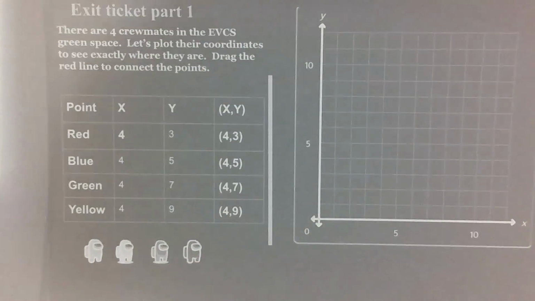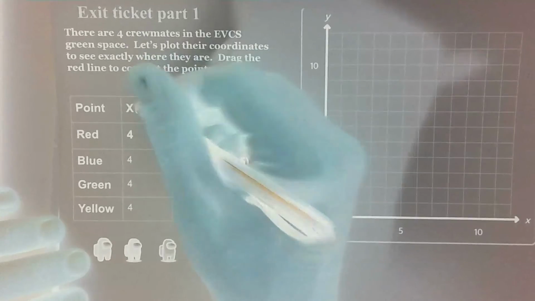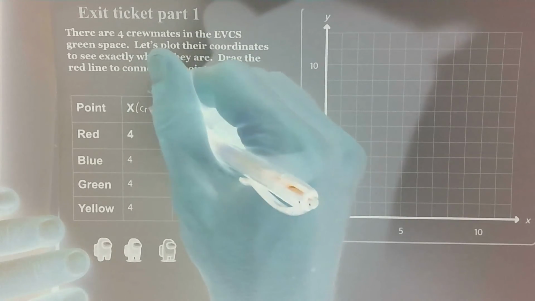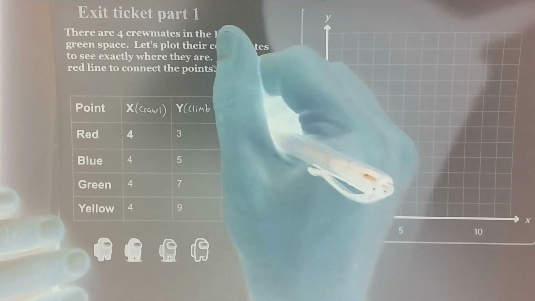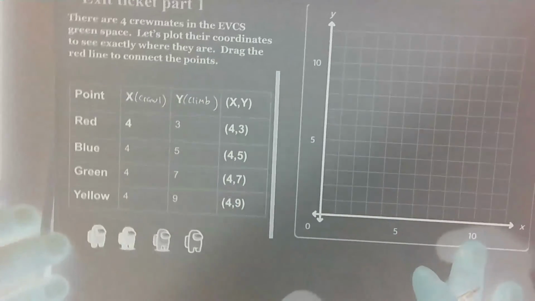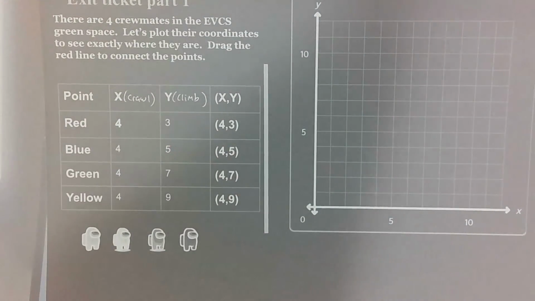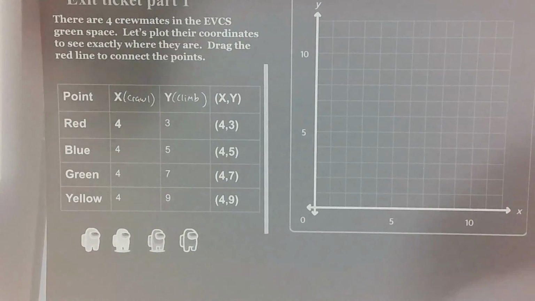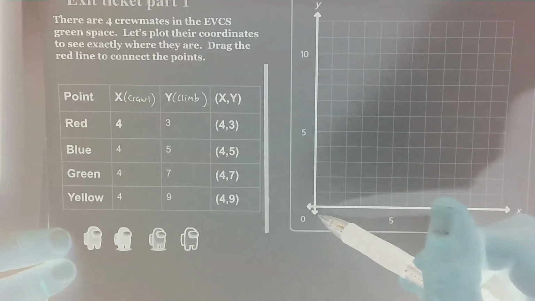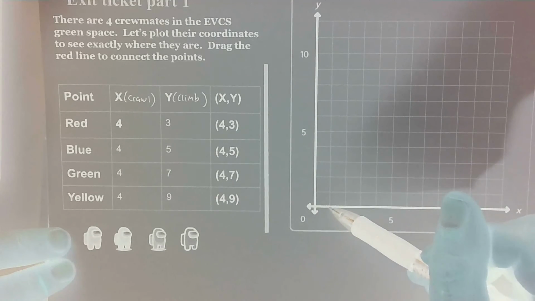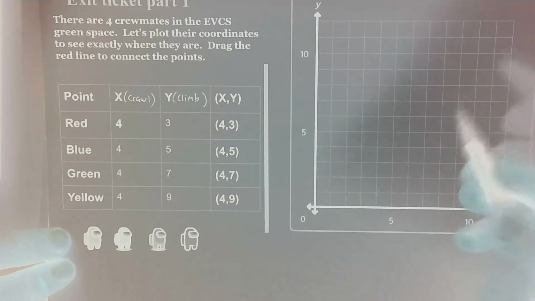Let's plot the first point together. And again, let's remind ourselves that X is crawl and Y is climb. The first Among Us character is red. If you're in class, you also have the privilege of drawing your own Among Us characters. Red is an X, or a crawl, of 1, 2, 3, 4, and a climb of 1, 2, 3.